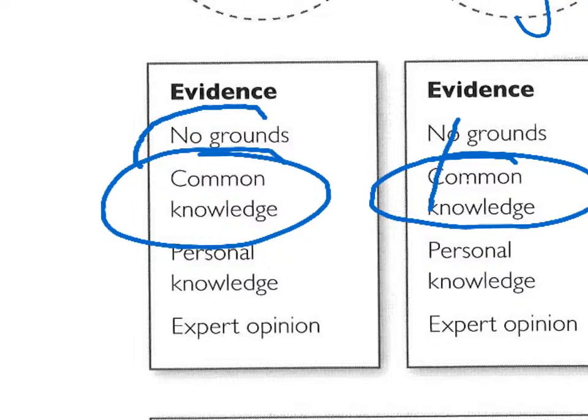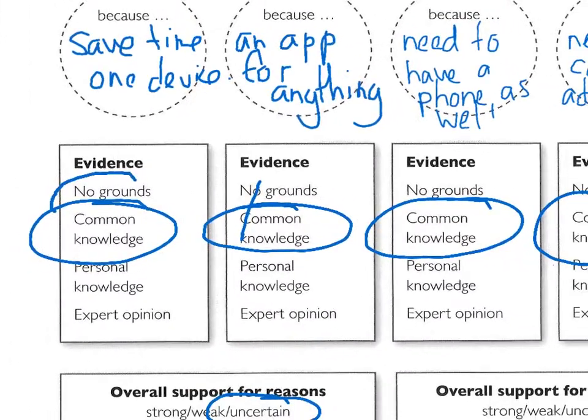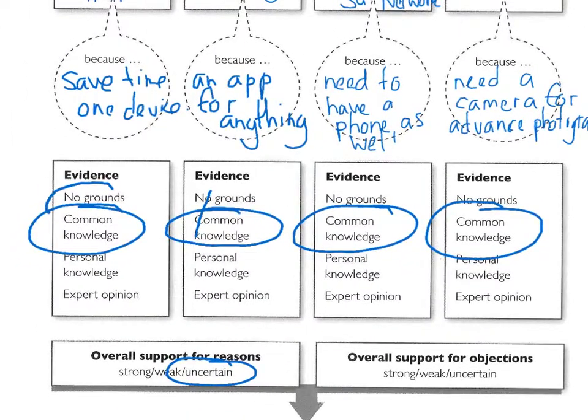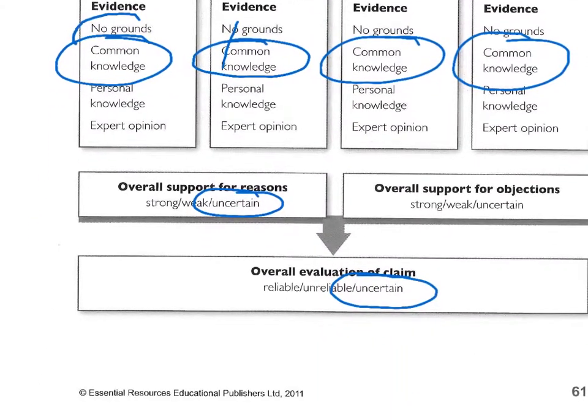Personal knowledge is something that you just know that relates to a particular thing. If you're evaluating an event that you went to, a lot of that would be your personal knowledge, and then expert opinion. So all you simply do is decide which type of evidence we've got for each one of these and circle them. You'll see here I've circled common knowledge ones.